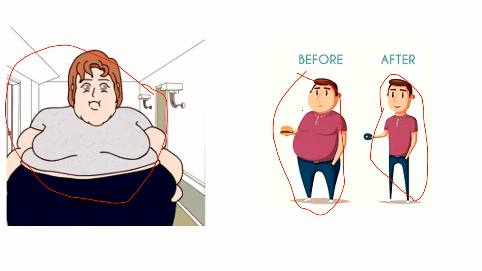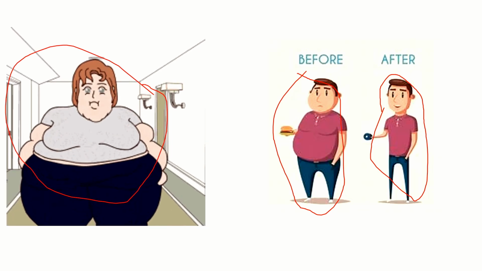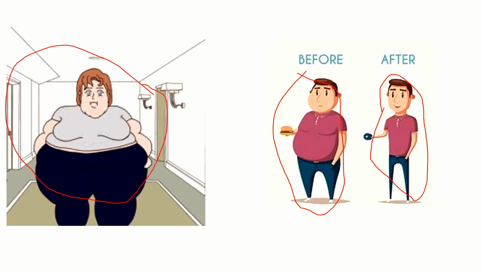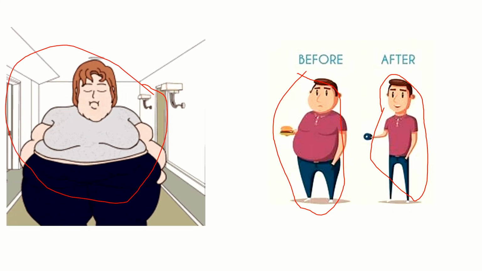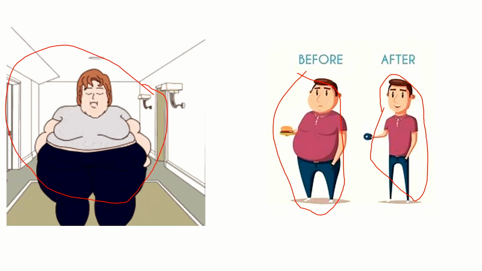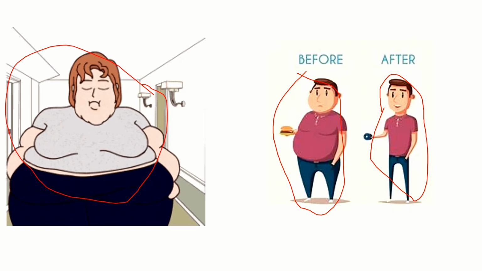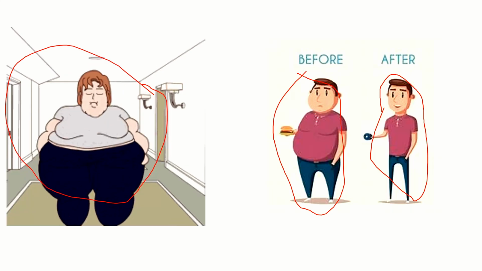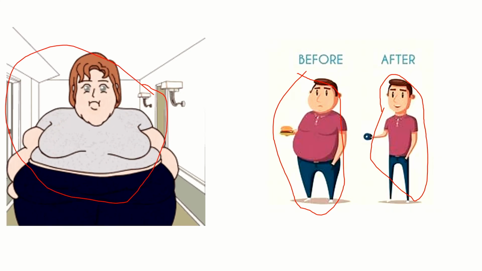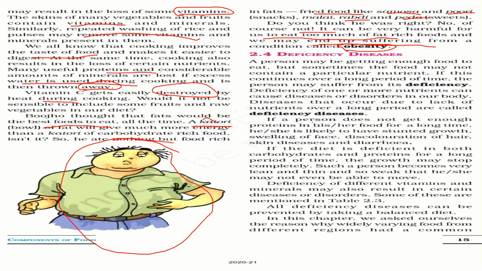I hope you will not look like this, because your friends will tease you and you will become very fat, and you can't lose your weight, and you can't walk even a few steps. So don't eat outside food too much. Limited fatty food is okay, but unlimited you will get obesity.